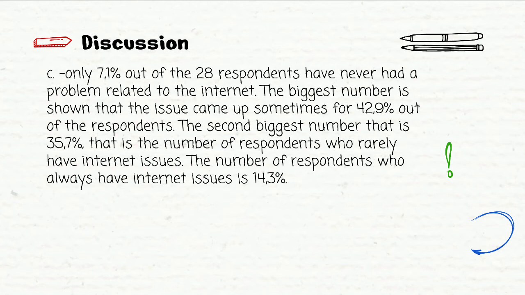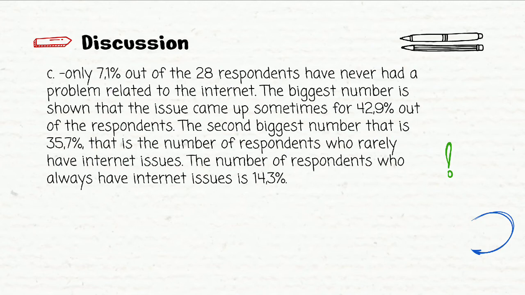The next slide is that only 7.1% out of the 28 respondents have never had a problem related to the internet. The biggest number shows that the issue came up sometimes for 42.9% of the respondents. The second biggest number, 35.7%, is the number of respondents who rarely have internet issues.